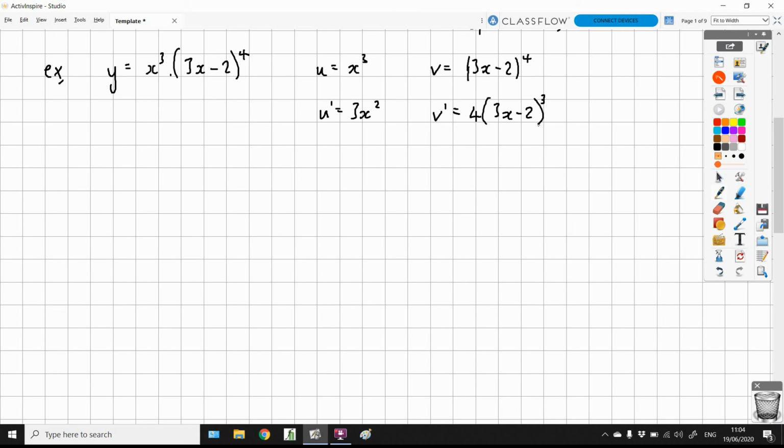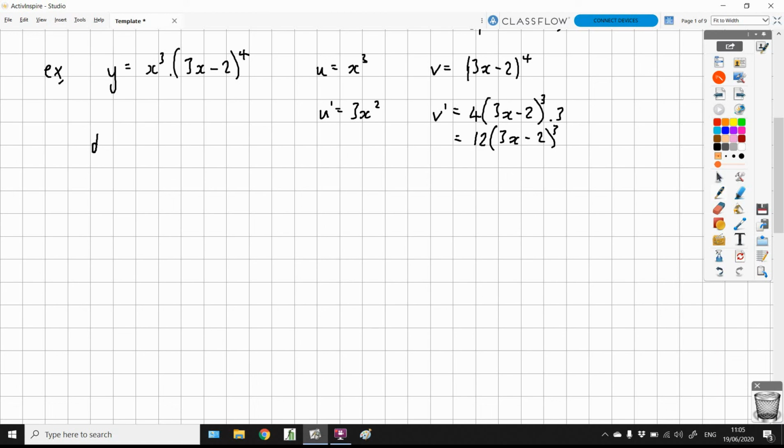But you have to remember the chain rule, because here we have a function inside a function. So not only do we differentiate the power 4, if you like, the 4 coming down and reducing to a power 3, we also have to differentiate the contents of the bracket. And when you differentiate 3x minus 2, that gives you a 3. So if we just tidy that up a little bit, v dash is 12 bracket 3x minus 2 all cubed.